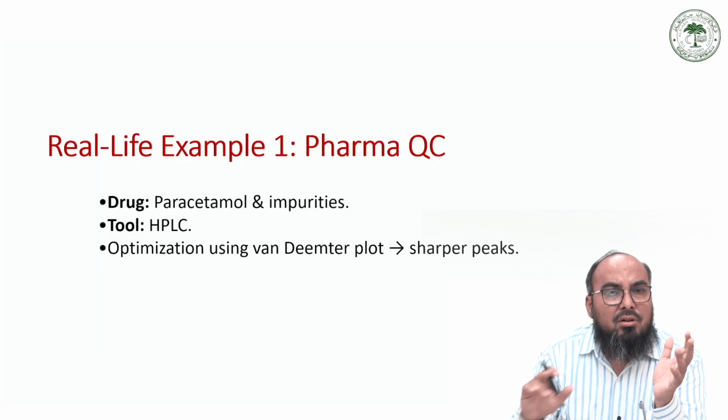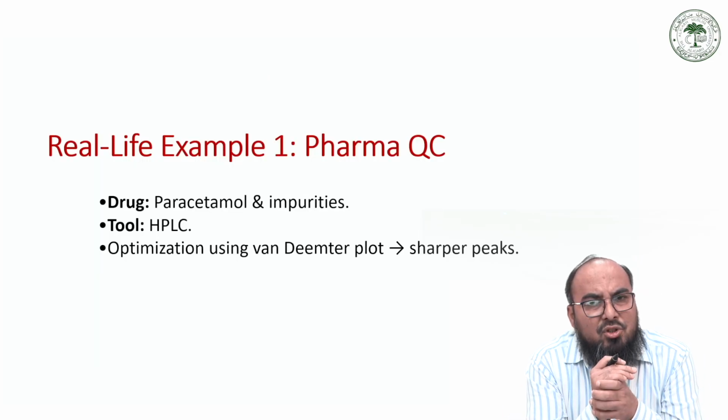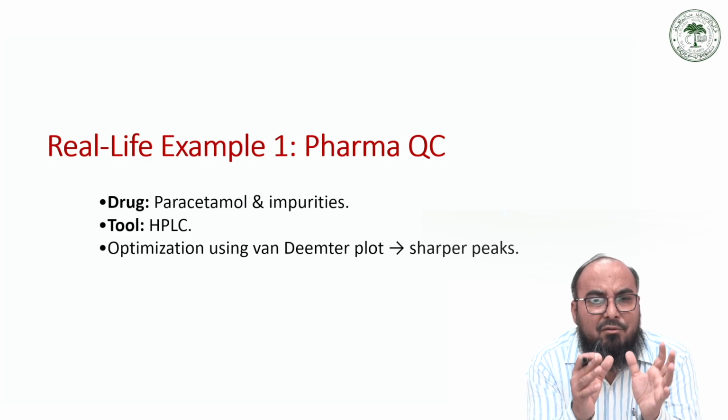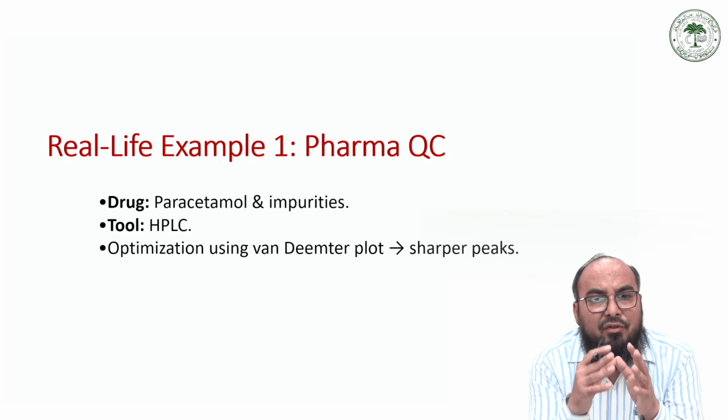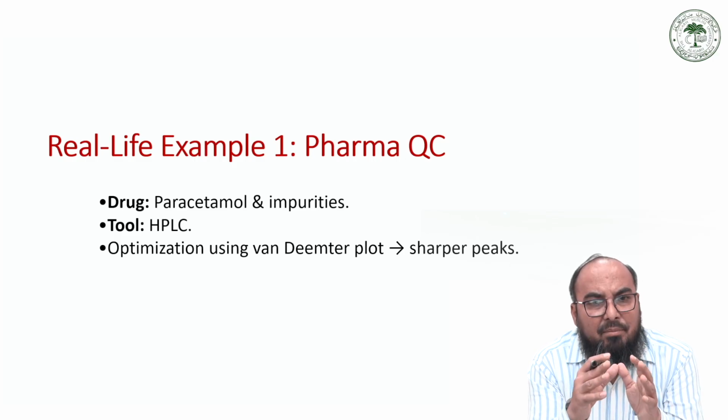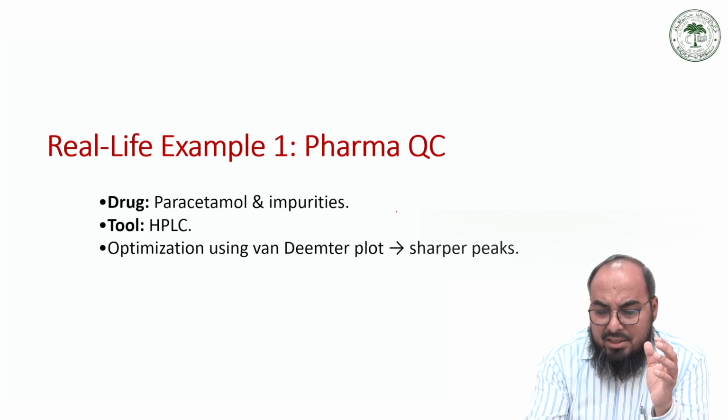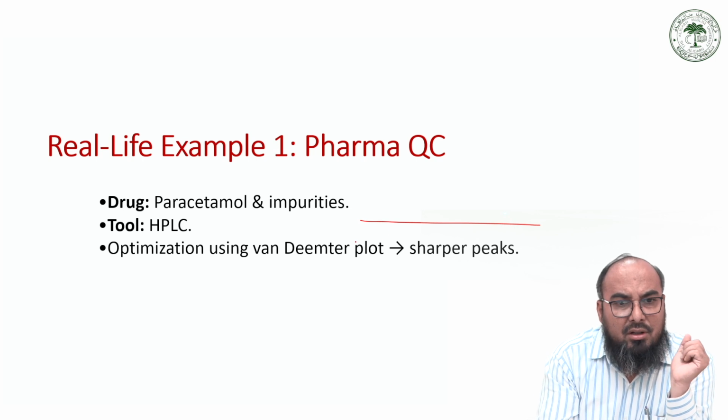Okay, so a real life example: pharmaceutical analysis. For example, we have already discussed an example where we have taken paracetamol and where we have checked the different impurities present in it on the basis of the peaks occurring in it. Okay, so that can be checked.